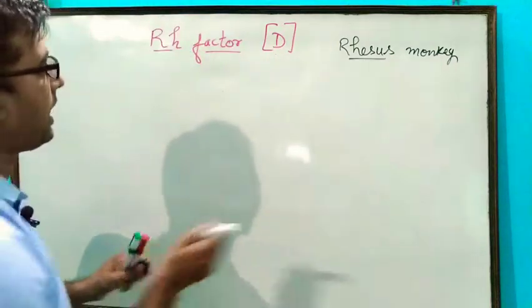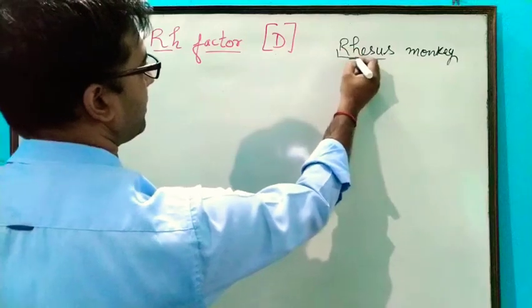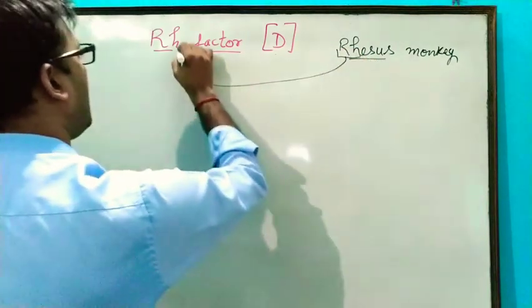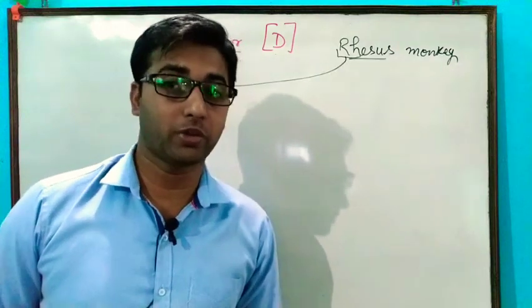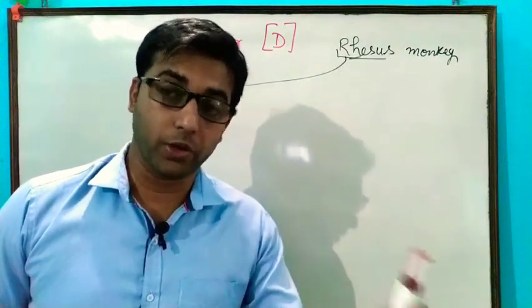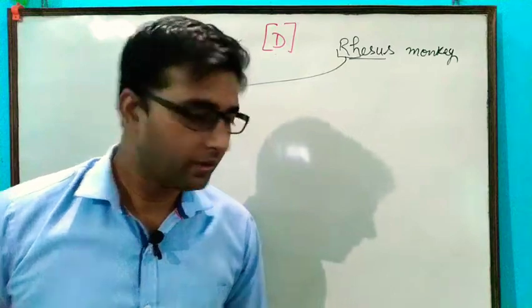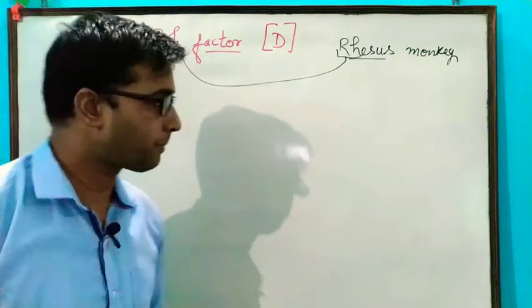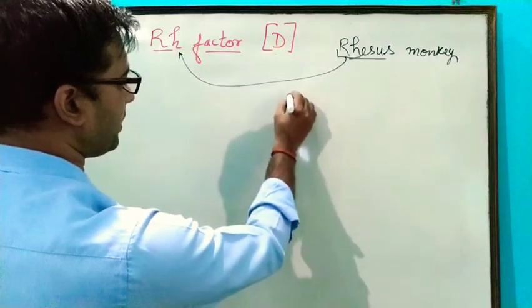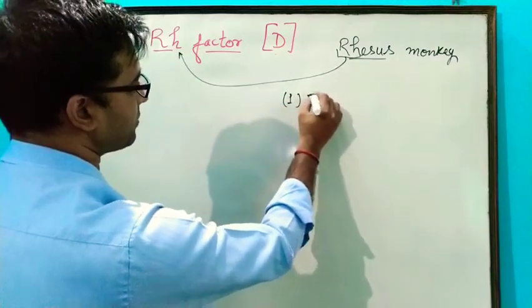So the Rh is taken from here, and if the antigen present in the monkey is also present in a human being, the human being is known as Rh positive. So why is this so important? First, it is important for blood transfusion.